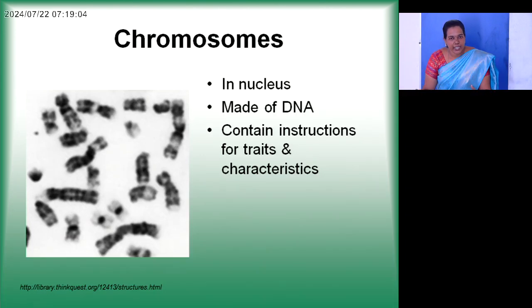But in the eukaryotic cell, since it is a well-developed and complex cell, the DNA is organized as chromosomes. So in every eukaryotic cell, the DNA has a structural organization called chromosomes. The number of chromosomes varies among eukaryotic cells.